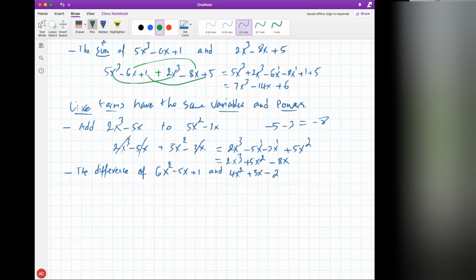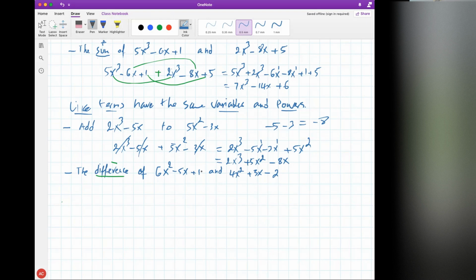Okay, so again, remember, sum is addition, difference is subtraction. So difference of this and this. When it says difference of this and this, we keep the same order, this minus this. Just like when you say the difference of 5 and 2 is 5 minus 2, which is 3.